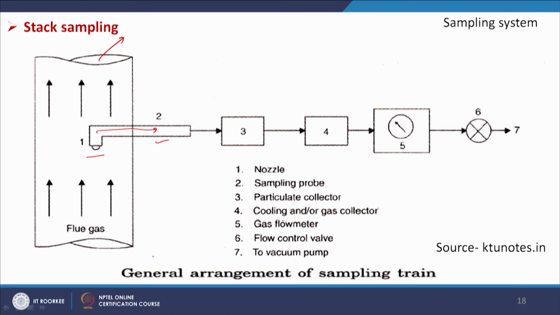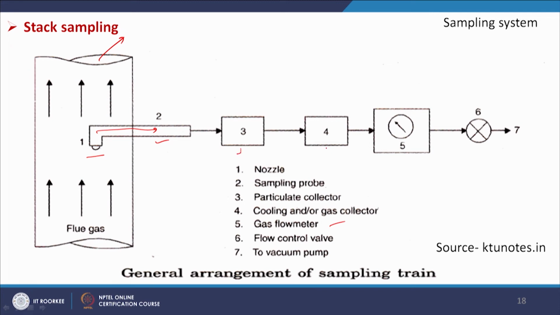Then it is coming to the cooling or gas collector. Here it may be at high temperature, so it may need some cooling. Then it will be going to the gas flow meter, so we know what gas is going out. If we are interested in getting the particles, they can be obtained here.